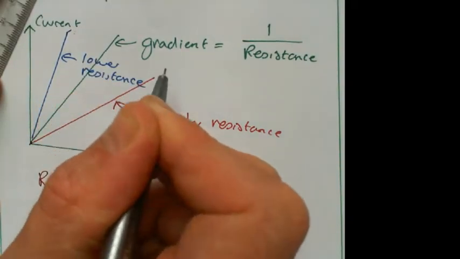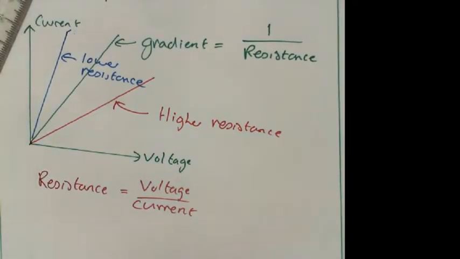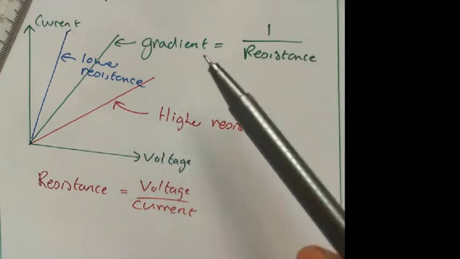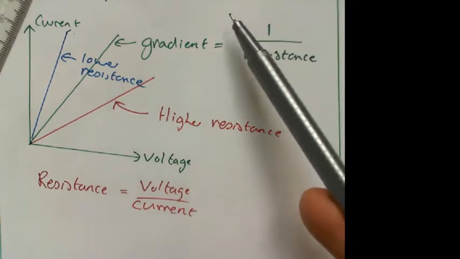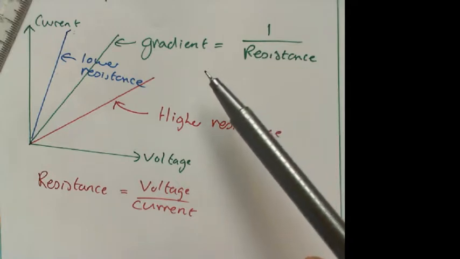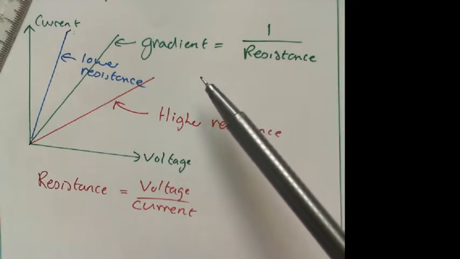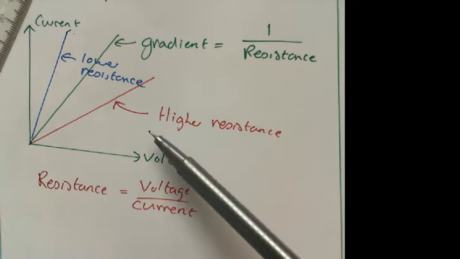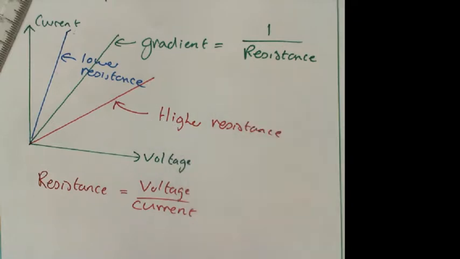And that's a little bit confusing, because the gradient is 1 over the resistance, so the bigger the gradient, you're doing 1 divided by a big number, which gives you a smaller number, and 1 divided by a small number gives you a bigger number. Okay, so let's have a look at some other components.